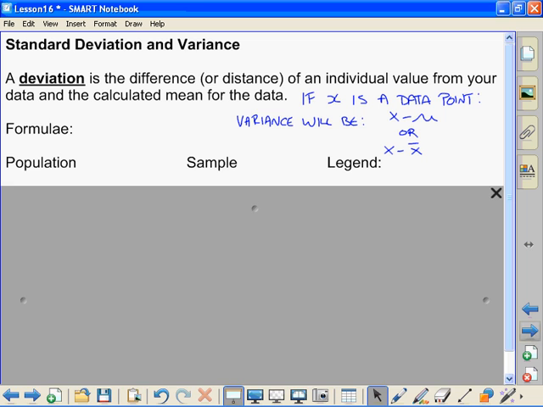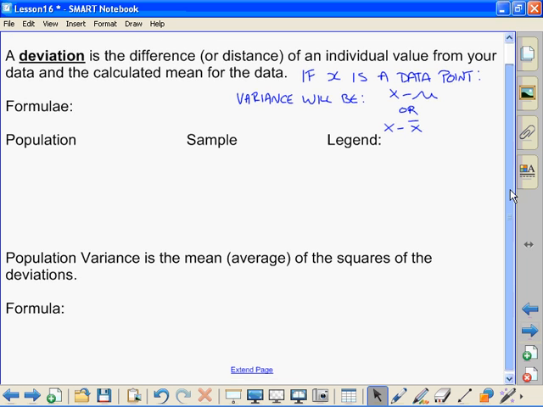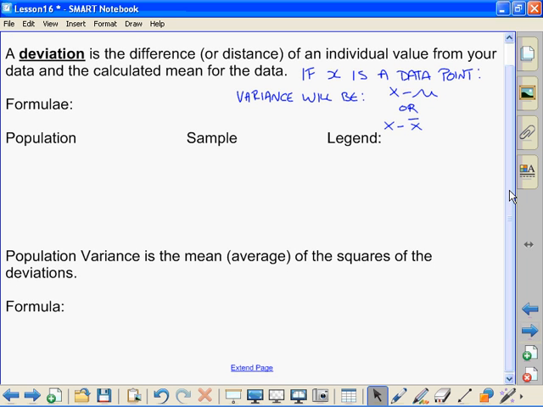Now some formulas on how you calculate deviations. When we're looking at a population, for example if you're getting data from Stats Canada or the entire school, we use sigma notation. It's a Greek letter, and sigma simply indicates that we're dealing with population data.